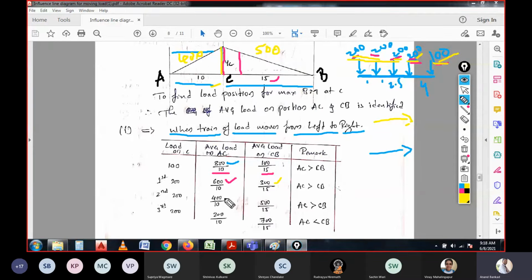That is what is considered. With the second 200 kilonewton on the section C, we have 400 on the span of AC and the remaining 500 on the span of BC.